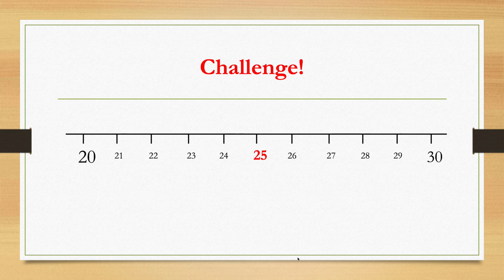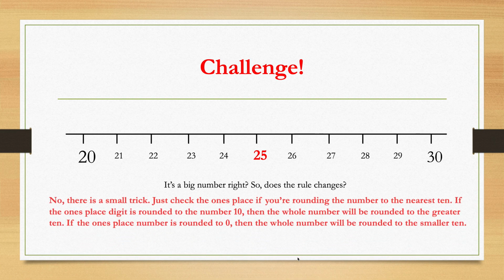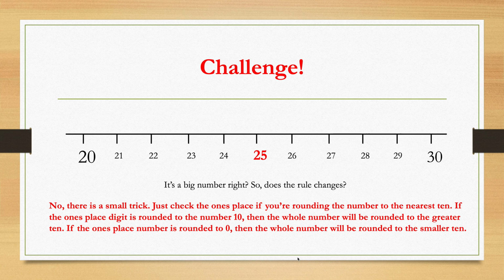So 25 is what we have to round, and the tens that are here are 20 and 30. It's a 2-digit number, which we have not learned so far. So will the rule change? Absolutely not. There's just a small trick to find out where the number will be rounded.